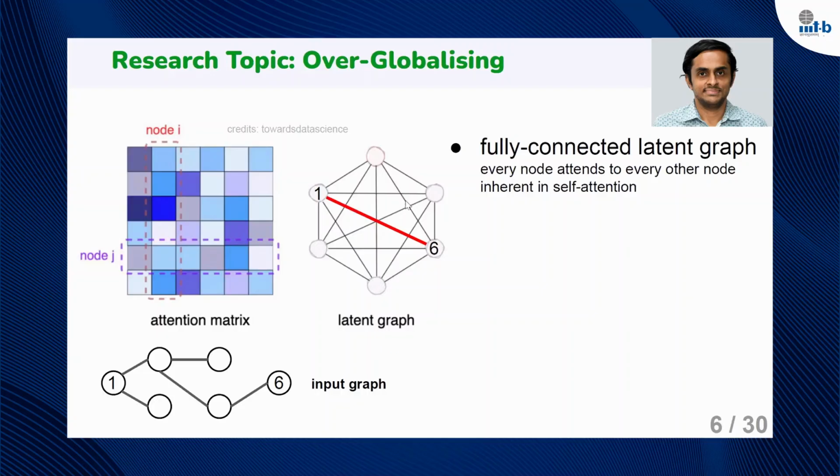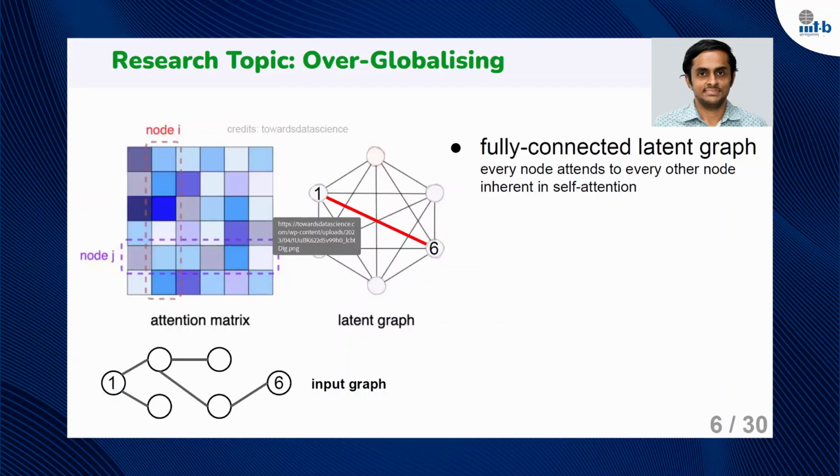Now, the research topic under investigation is a phenomenon that was recently observed called over-globalising. Let's focus on this latent graph and the input graph. Let's say this is node 1 and this is node 6. Node 1 and node 6 are not directly connected in the input graph, but in the latent graph there is a direct connection because of the attention matrix.